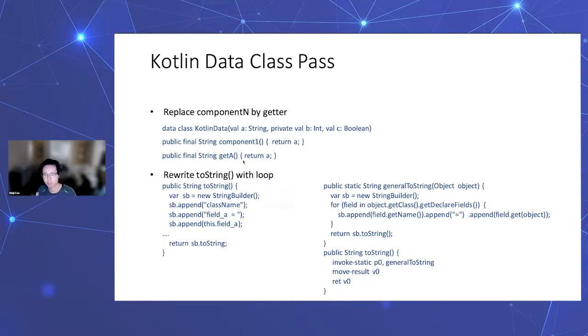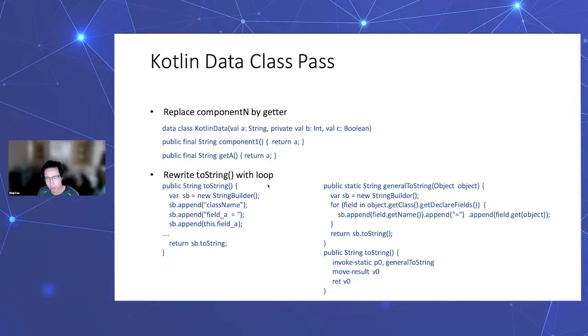So that's the first thing we can do with the Kotlin data class: we remove the component method, the component operator, and therefore we can save package size.